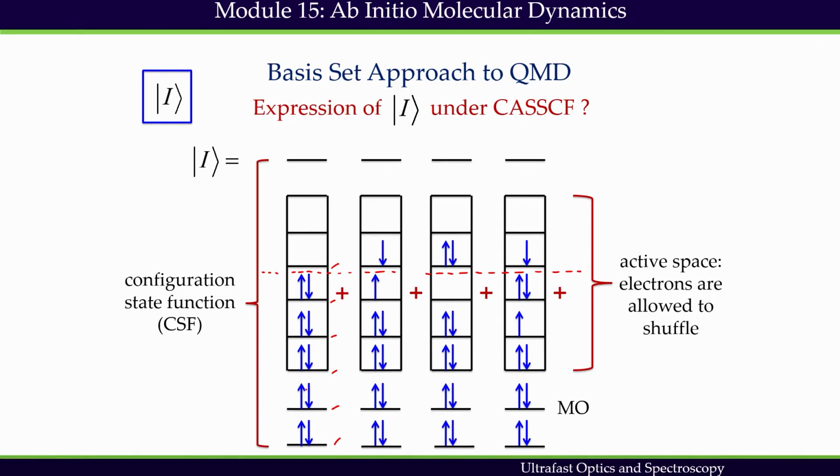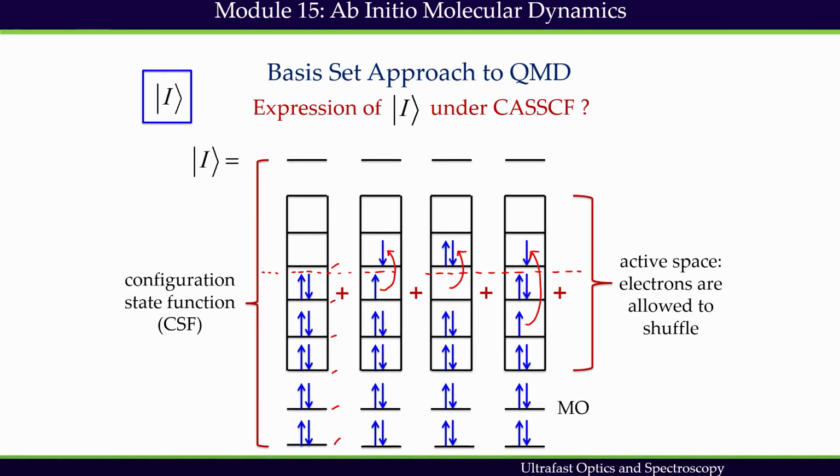This represents one configuration. In the second configuration, we have excited one electron from this to the upper orbital. We have double excitation, and then we have low-lying orbital excitation as well. There are many other excitations one can include.